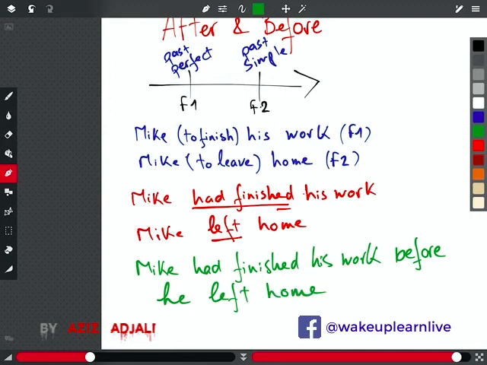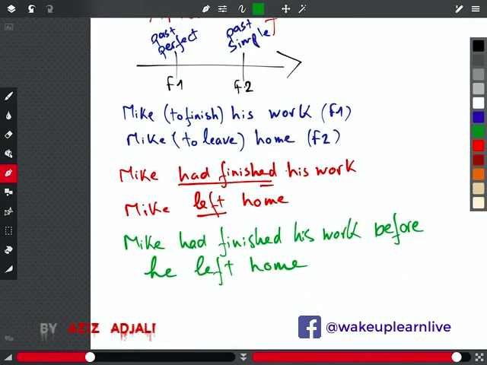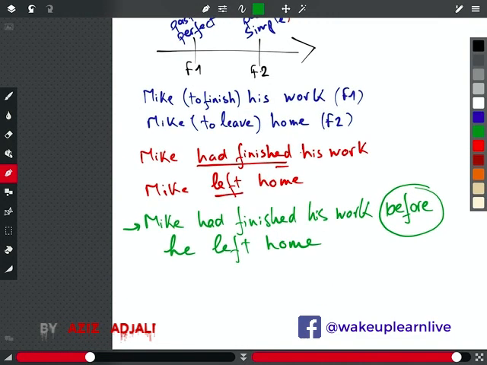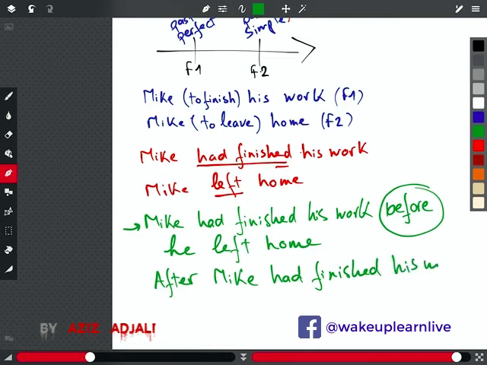Okay, and on the other hand, if we would like to express the same sentence with after, what would we say? We say after Mike had finished his work, he left home.